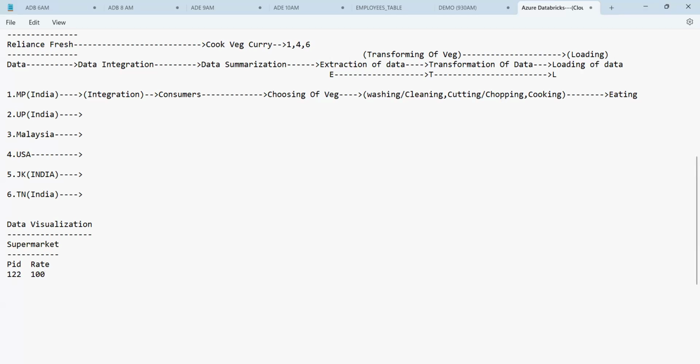Rate is 100, and then 200, and let's say 300. This is the data available in a table, in some database, system one.